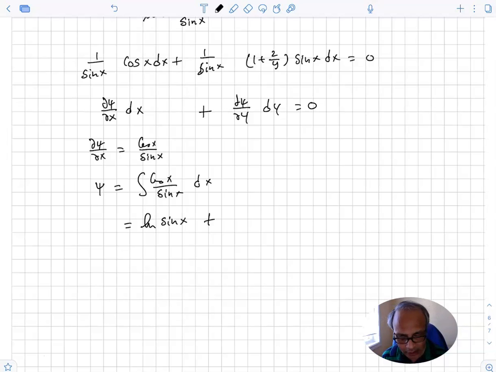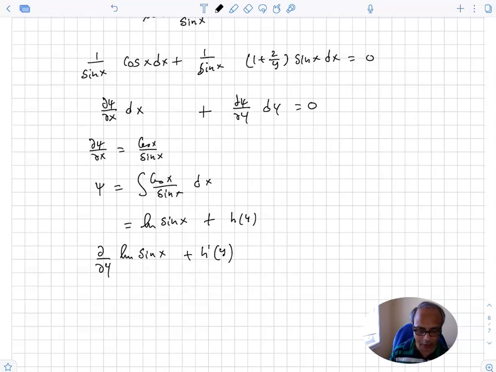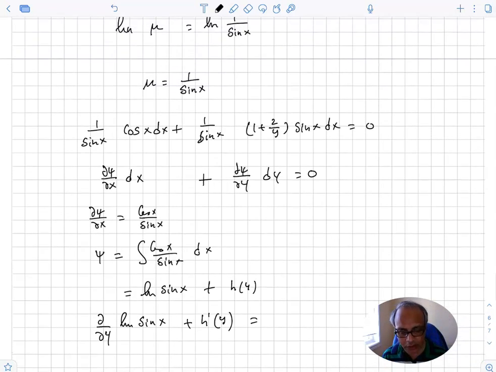Now plus a constant of integration, which is h of y. Now you differentiate psi with respect to y, which is ln of sine x plus h of y, which would be now h prime y, equals d psi dy.